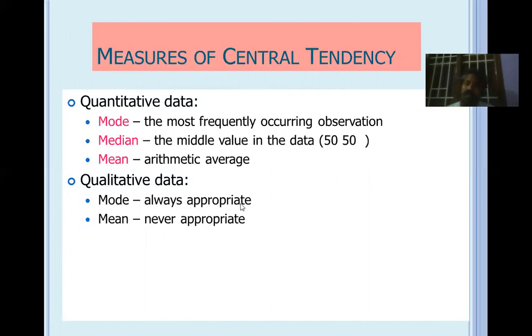If you're having numeric data, you can go for mean, which is the arithmetic average, median, the middle value, mode, the most occurred value. If you're having qualitative data, only mode is possible and mean is never appropriate. If you ask a question, how many of you like Vijay or Rajinikanth, we can find out how many say yes, how many say no, which is the mode. Qualitative data permits you to use only mode, never mean.